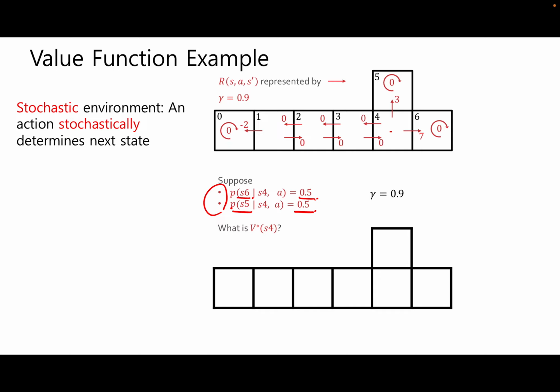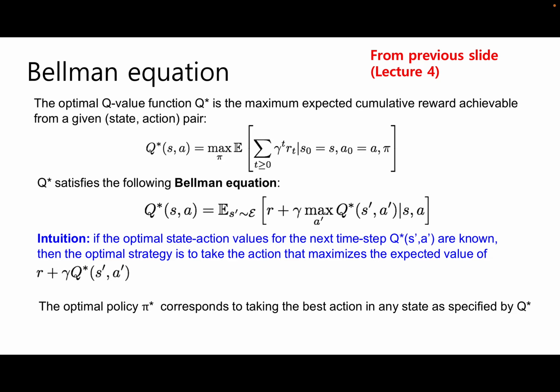So what is V star, the optimal value function from state 4? And then we've learned this from lecture 4 as well. We can just rewrite this as a Bellman equation: expected reward, where R is from S and A, and the other terms are just a discounted summation of future rewards, assuming all these actions are optimal, right?